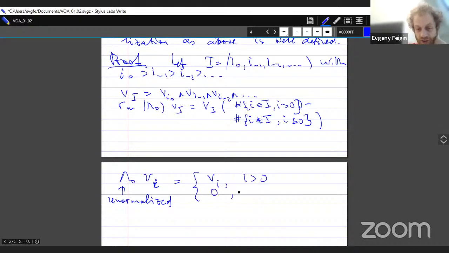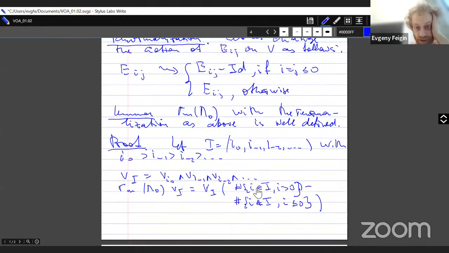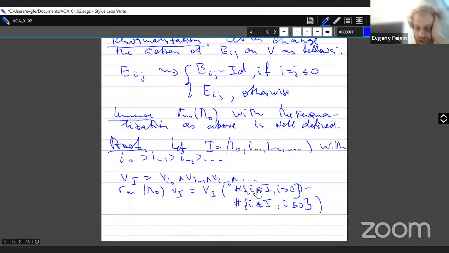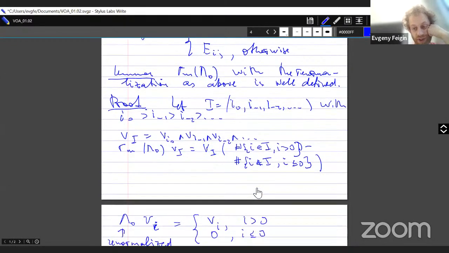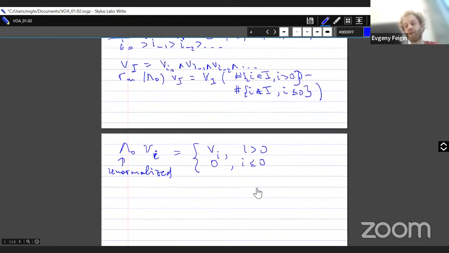Or 0 if i is less or equal than 0. Correct? Because we've subtracted the identity for i equal j, both numbers being non-positive. So for positive, nothing changes, but for non-positive, we are getting 0.